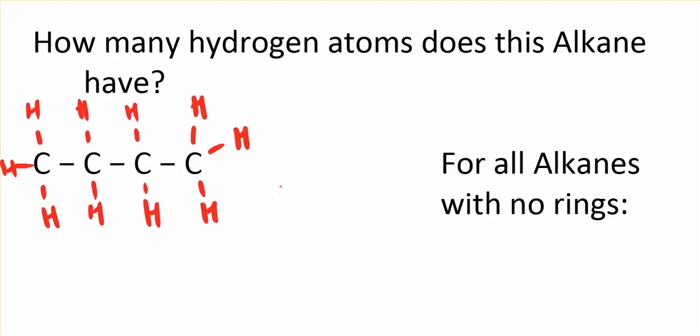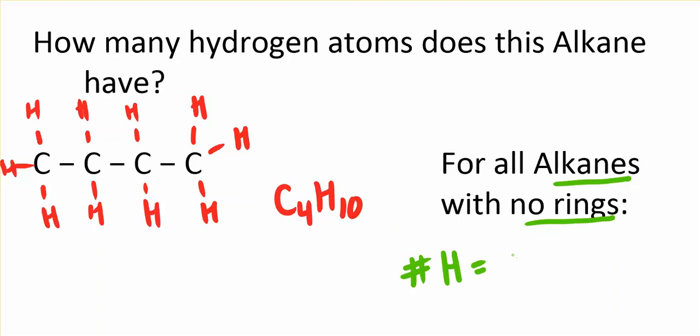So this is C4H10. There's a little formula for alkanes, so that means single bonds only with no rings. And I'll show you what that means in a minute, but basically it is the number of hydrogens equals 2 times the number of carbons plus 2.